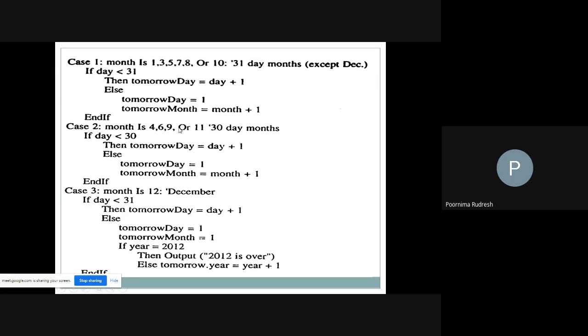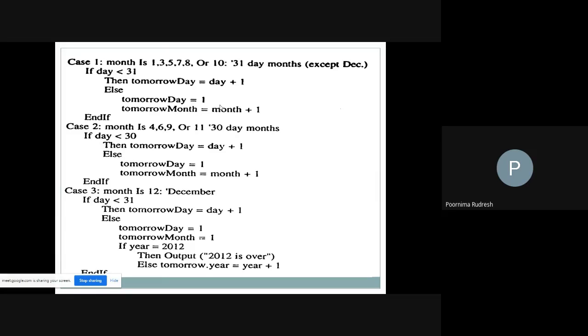Okay, next. If the day is less than 31, then tomorrow day is day plus 1. Let us consider October 20th.